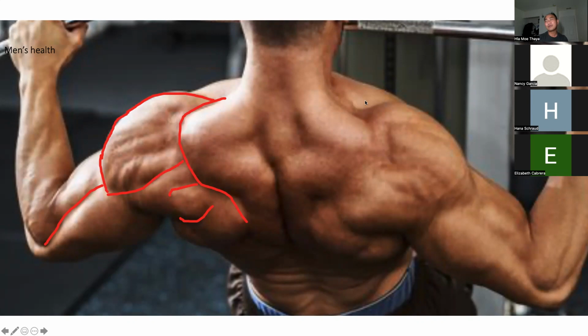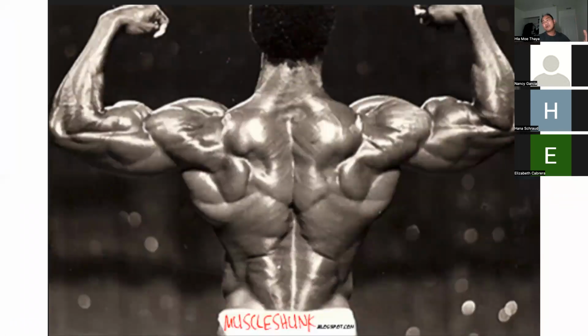Of course, we can appreciate the big pectoralis major, which is on the anterior aspect of the chest. So these are the surface anatomy of the muscles, and I hope we can see now which muscle is what.